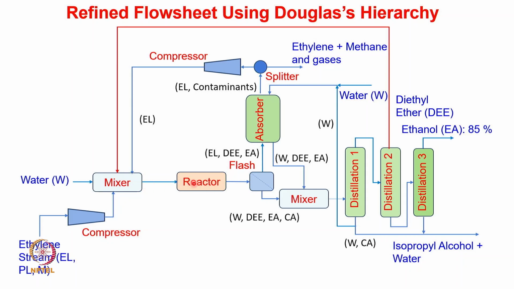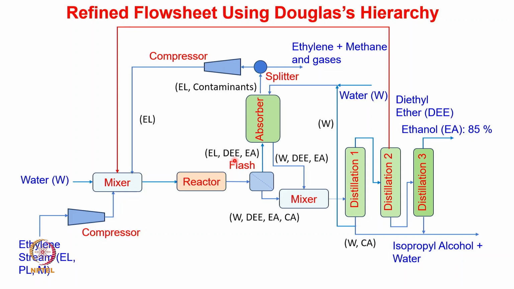Again you can see that the reactor effluent, ethylene, diethyl ether and ethyl alcohol will be separated in the flash unit, and in this case, in addition to ethylene, we will be having propylene and methane. So propylene and methane will be there in the gas.